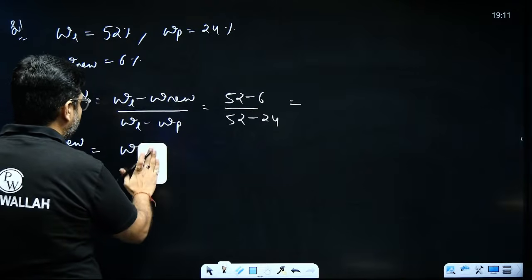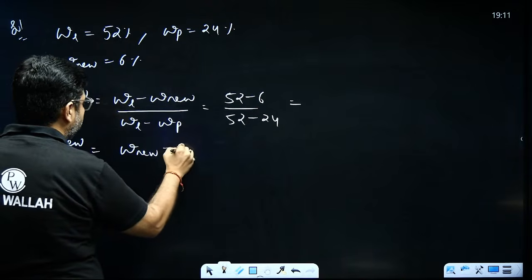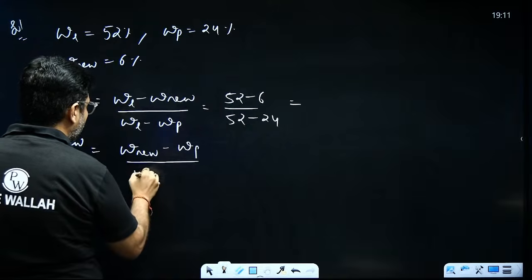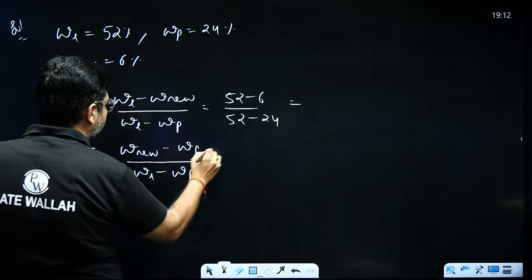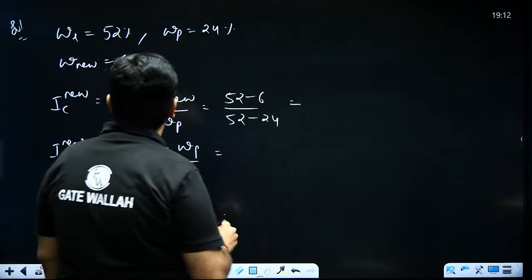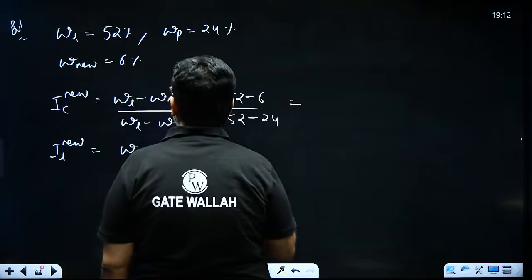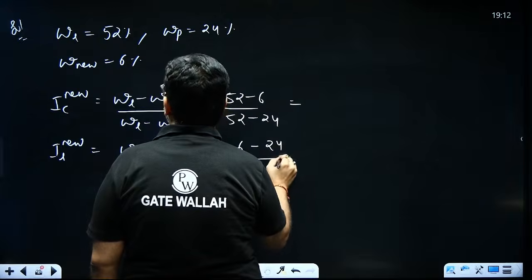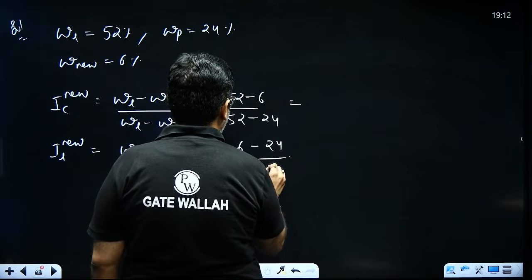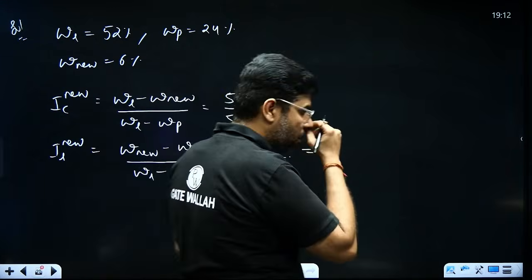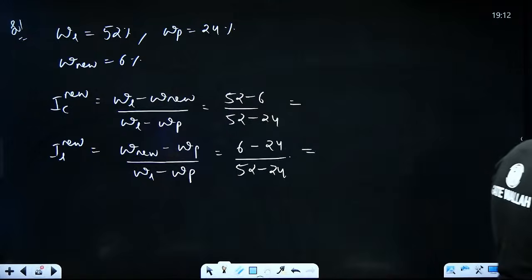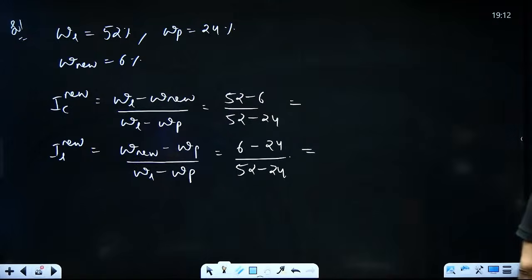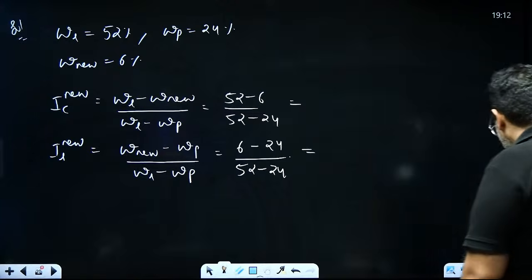W new minus WP upon WL minus WP, that is 6 minus 24 upon 52 minus 24 again. How much are you getting? Tell me fast. The new moisture content is how much?